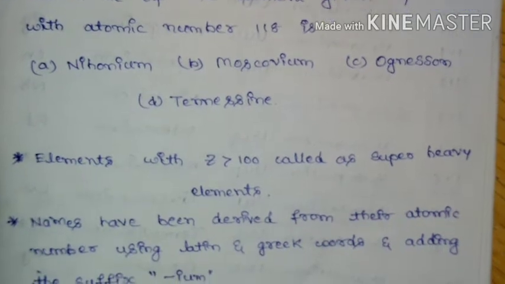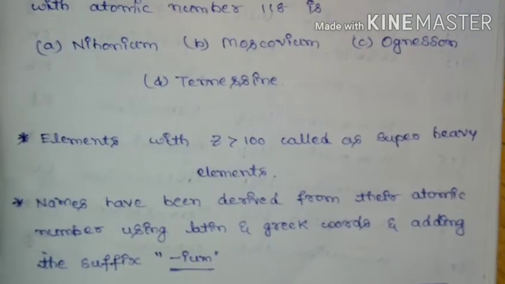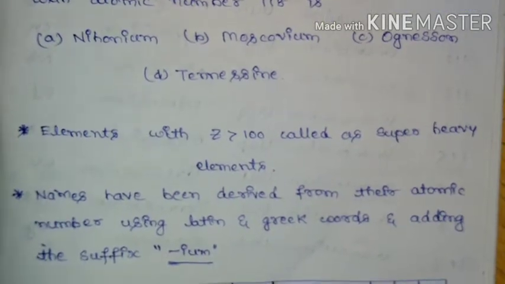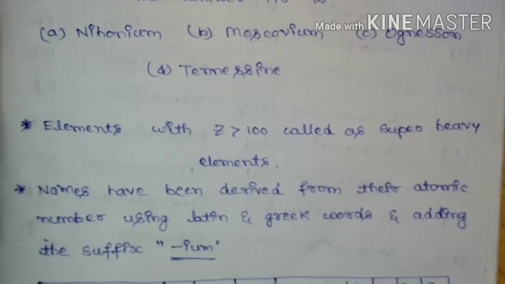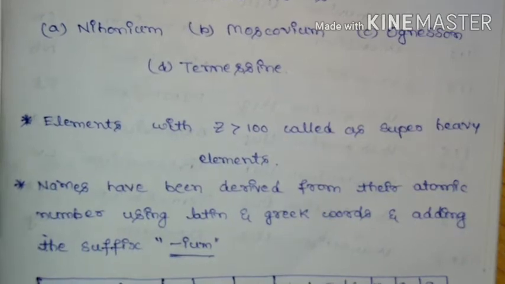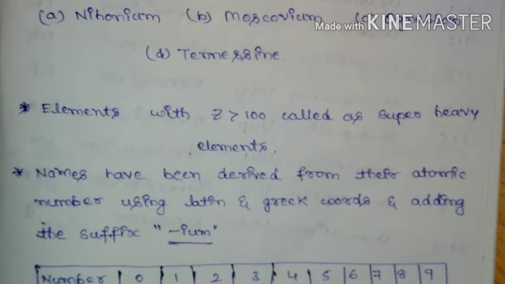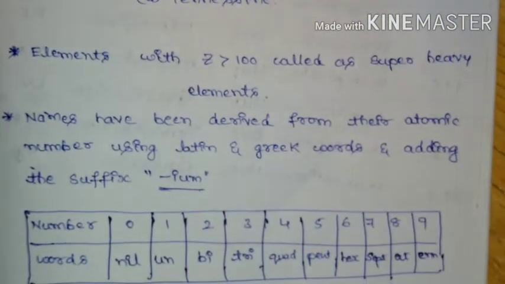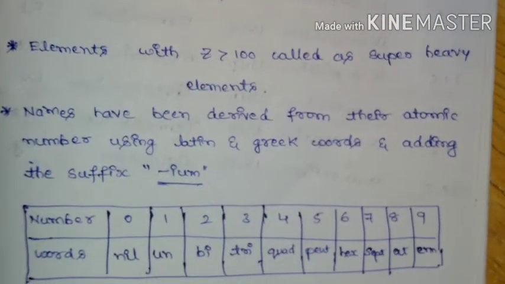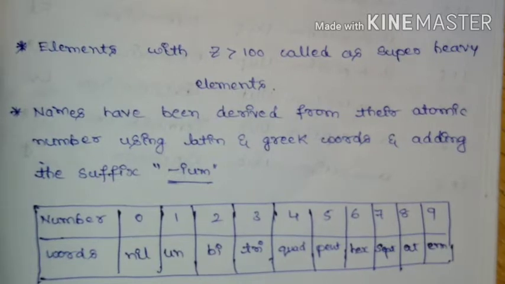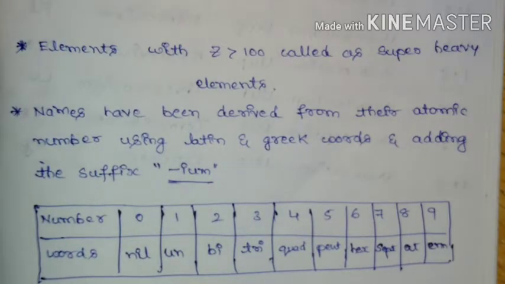Elements with atomic number greater than 100 are called super heavy elements, and the names of these super heavy elements have been derived from their atomic number using Latin and Greek words and adding the suffix ium. So these are the numbers and words we need to use in order to name these super heavy elements.